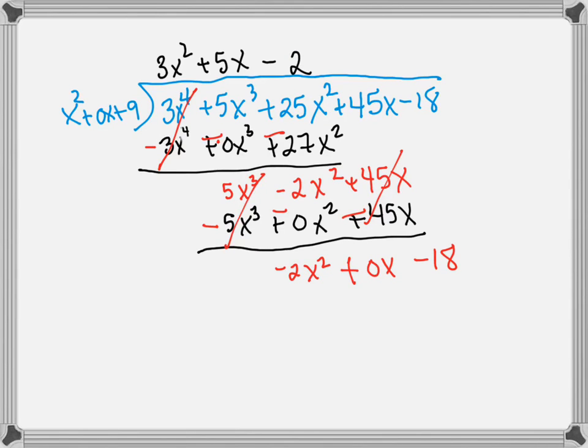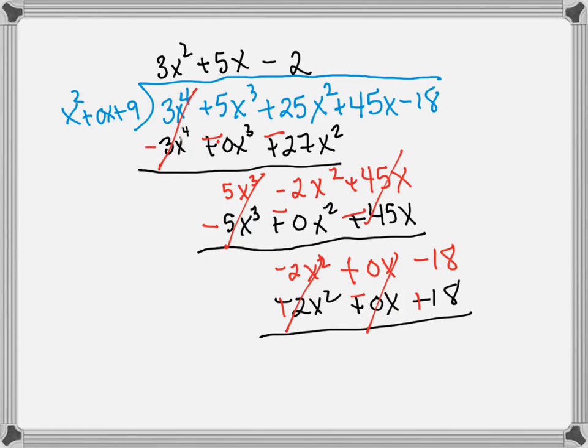Multiplying negative 2 by x squared plus 0x plus 9 gives me negative 2x squared plus 0x minus 18. I'm going to subtract. I will change all the signs and then add going down. So my x squares cancel, my x's cancel, my constants cancel.